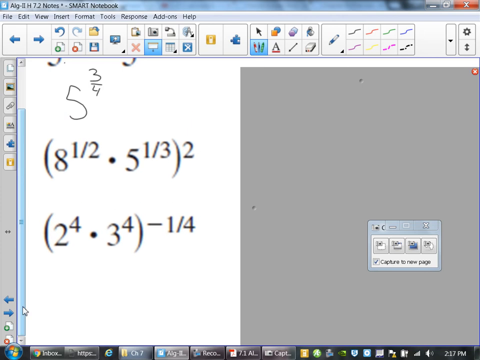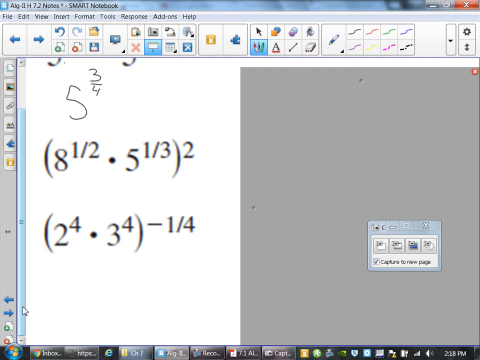So in this first one, I have 8 to the 1/2 times 5 to the 1/3. Can I combine those two? I cannot because they have different bases. So in this case, I have to start the problem by distributing out the power. This becomes the power to power problem. So what is 8 to the 1/2 squared? 8, very good.